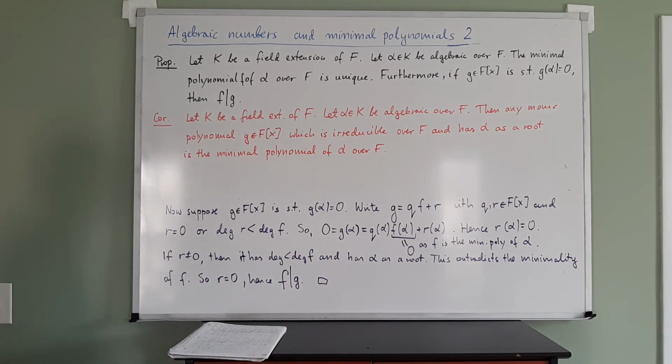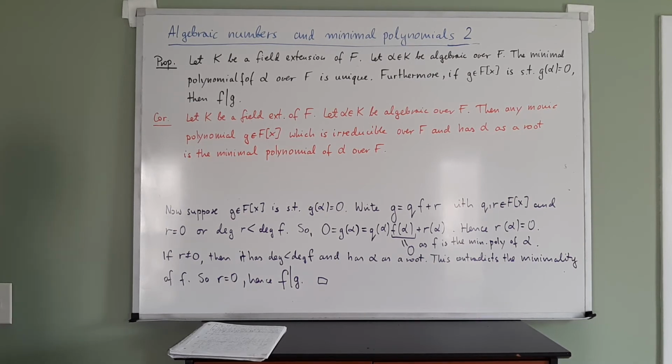Why is this a useful corollary? You see, it's not so easy in general to find minimal polynomials. You've seen in the examples that we wrote down that we found polynomials that these algebraic elements satisfied, but how do I know these are of smallest possible degree?